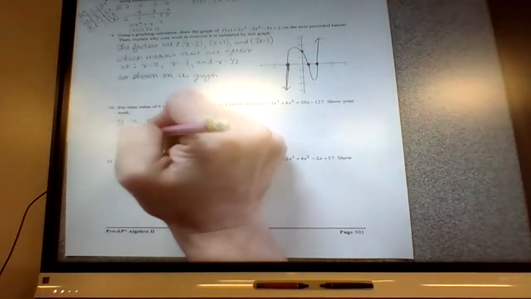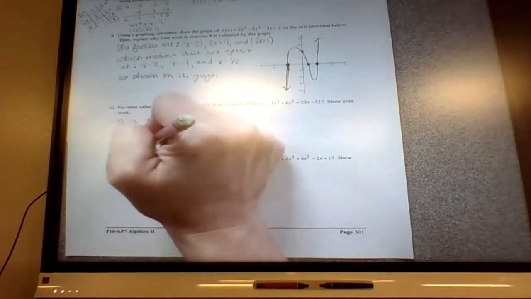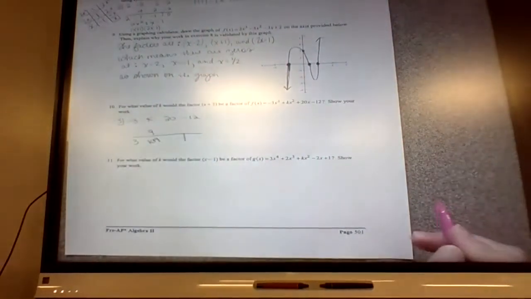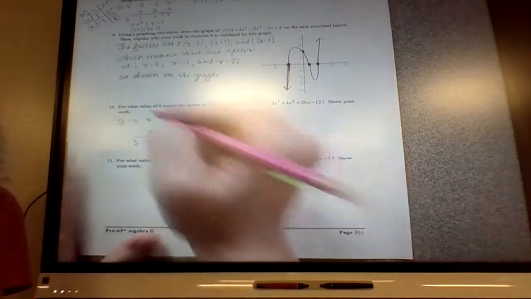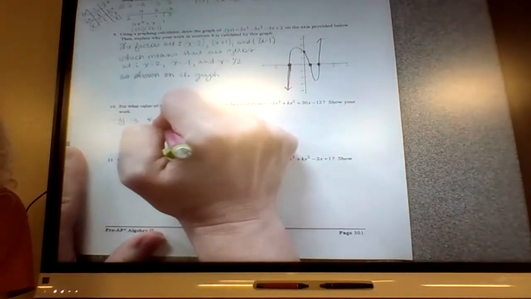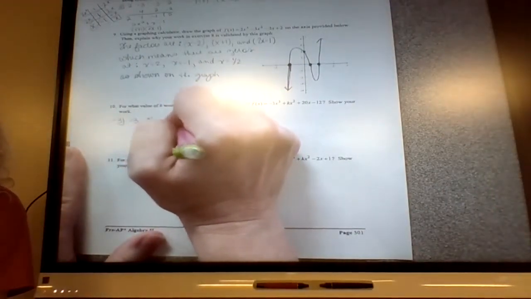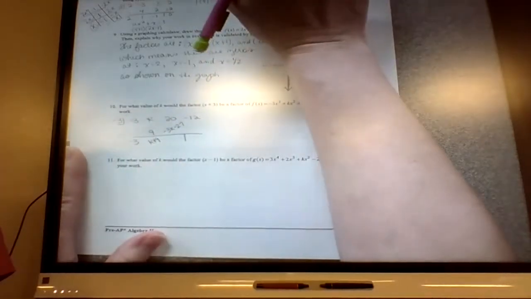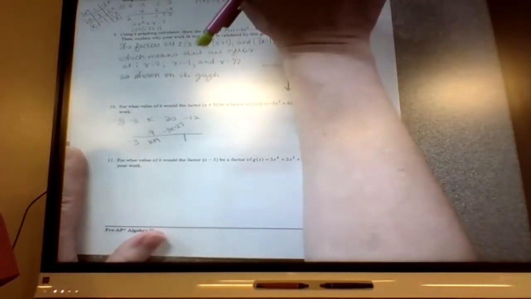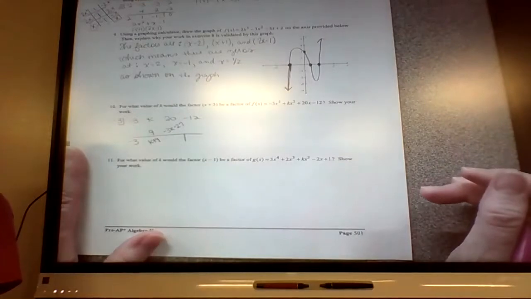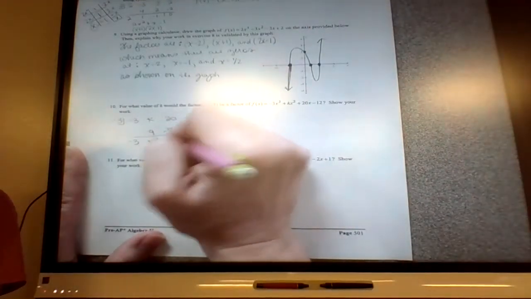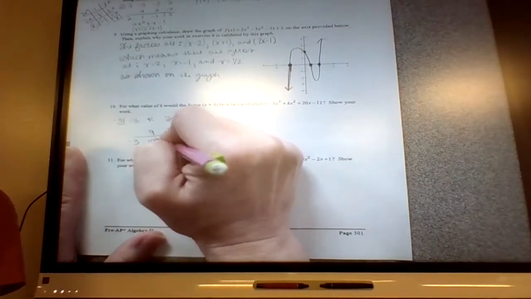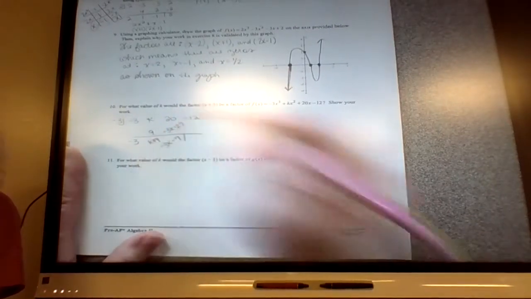So that's going to be k plus 9. Then you have to do distributive property: -3k minus 27. When you add 20 to that, you're going to have -3k minus 7.